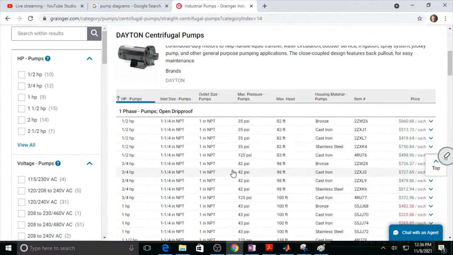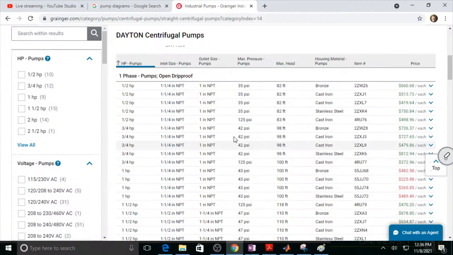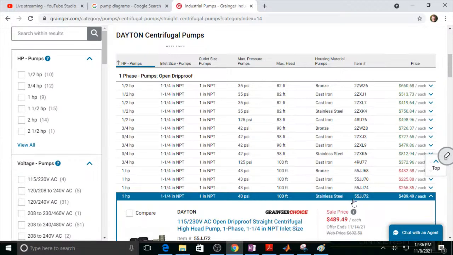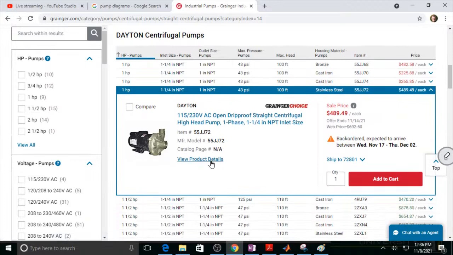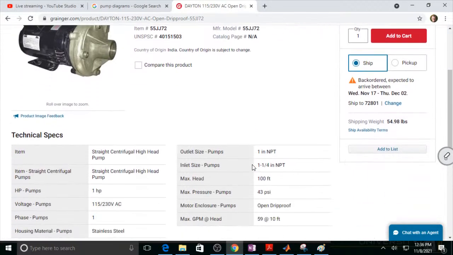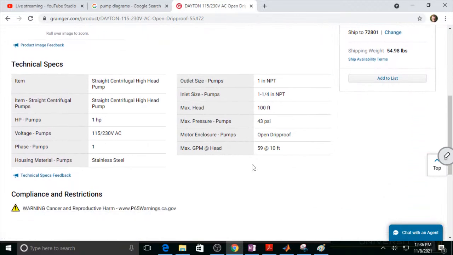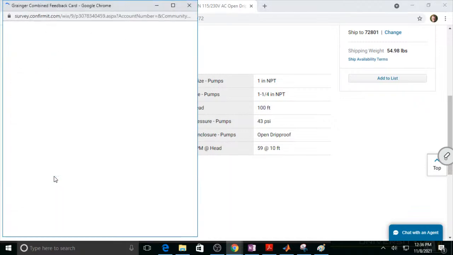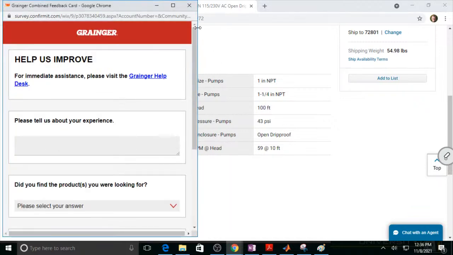Okay, so let's see. There's a bunch of different. Hey, they come out with a size of 1 inch. Oh, that's funny. So here, what happens here? Click that. View product details. Go down here. Let's see. He does not give me technical data.